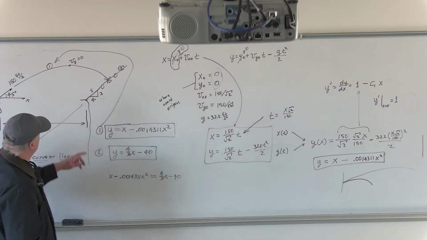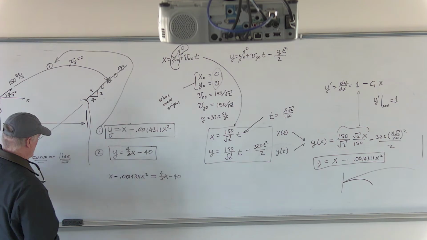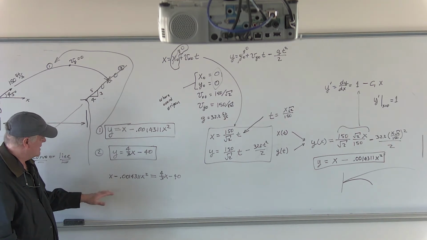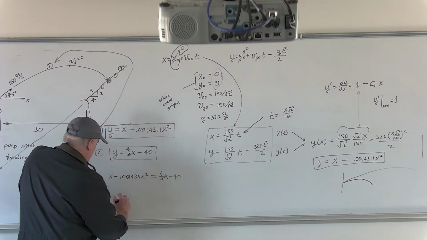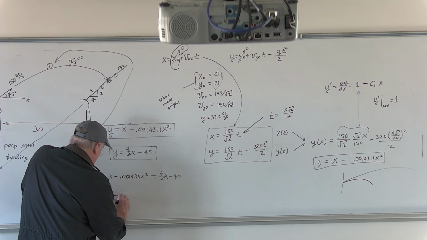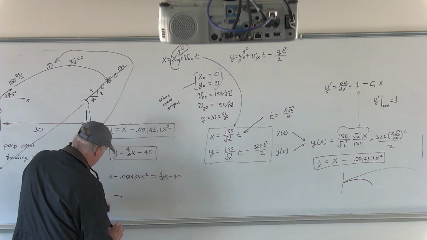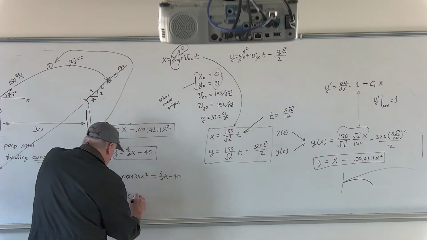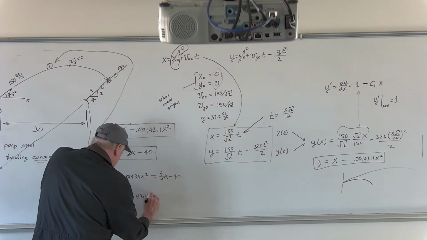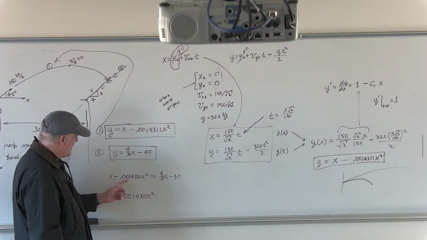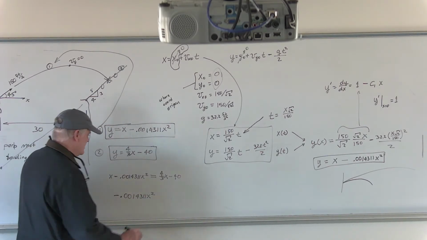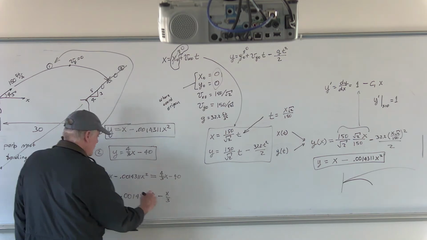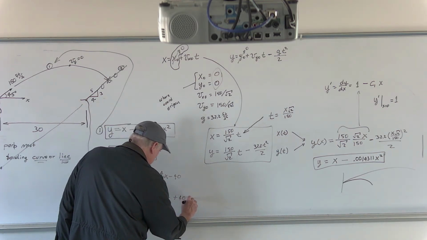You'll solve that for x, and what you'll get is the x coordinate here and the x coordinate back there. So let me arrange it together. I'll put them on the same side, and I'll try to make my handwriting nice. So with 0.00143111 x squared, if I leave that there and draw this over, then I get minus x over 3, and moving that over, it becomes plus 40, equal to 0.